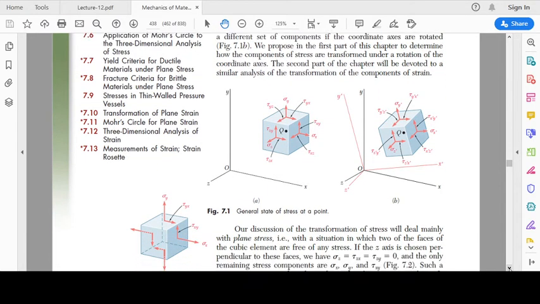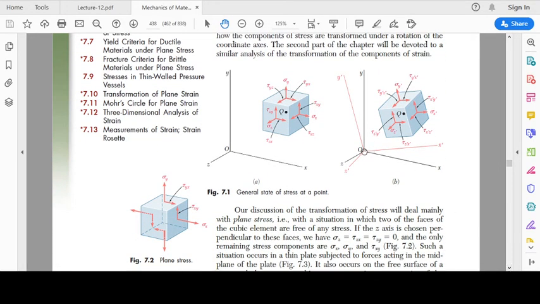We are going to transform these stresses to some other axis system, say x prime, y prime, and z prime. However, we will be restricting our study to plane stress. Plane stress means that all the stresses are there in a plane only.